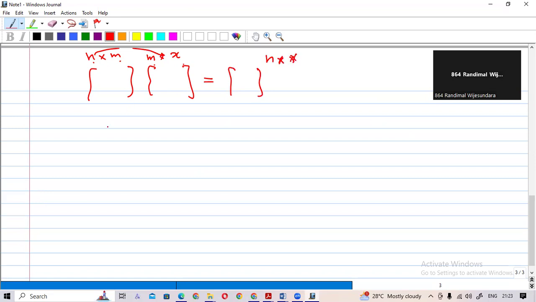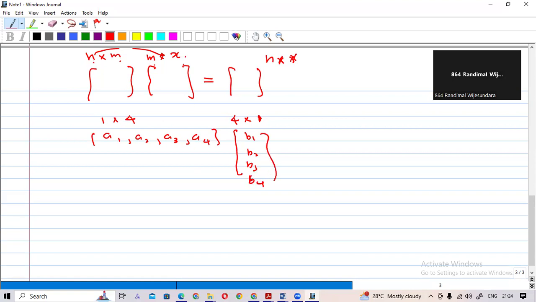For example, if you have A1, A2, A3, A4, this is one row and 4 columns. This matrix should be 4 into any value; it can be 1, 2, 3, any value. Let's take one value: B1, B2, B3, B4, which is 4 by 1.